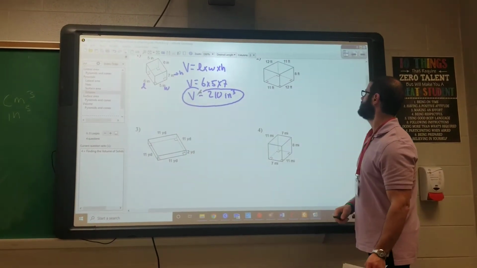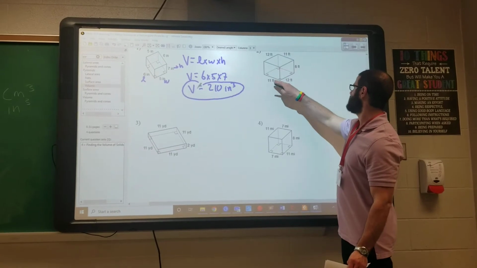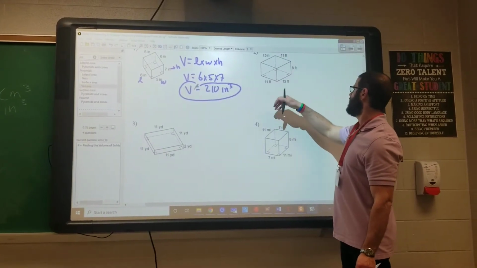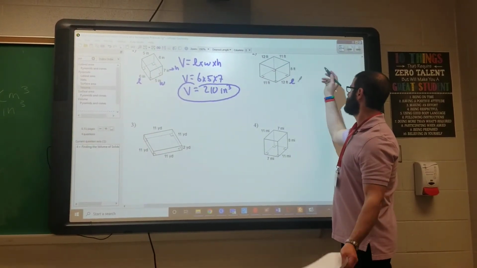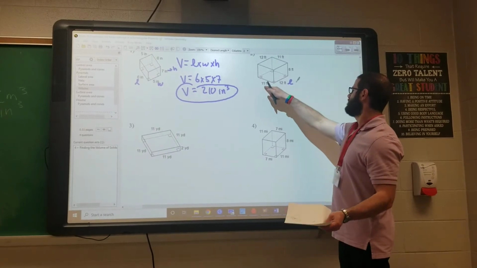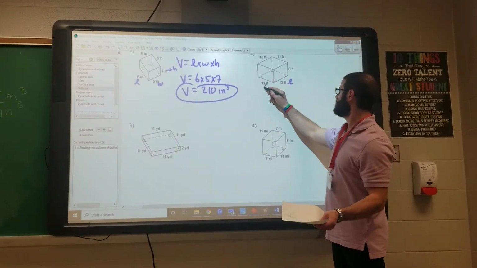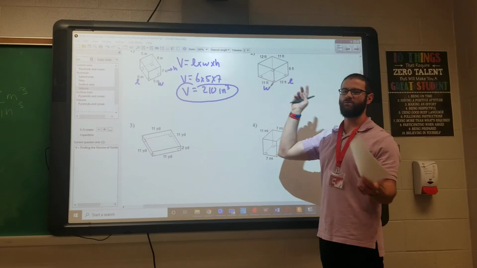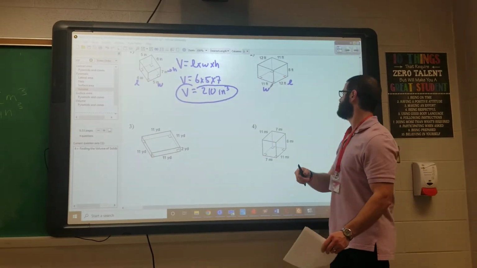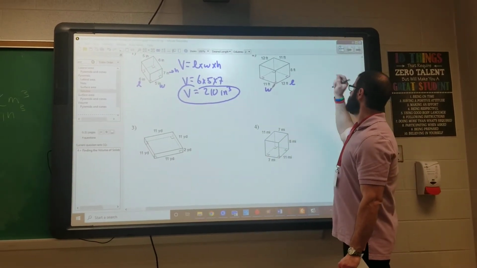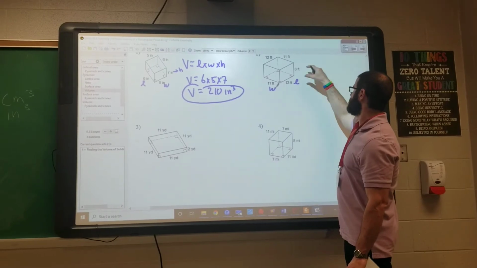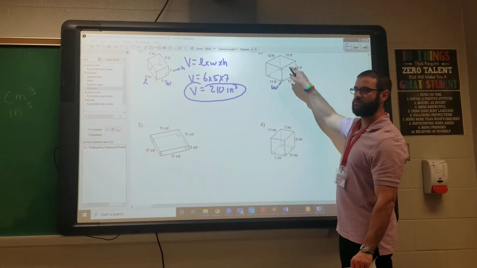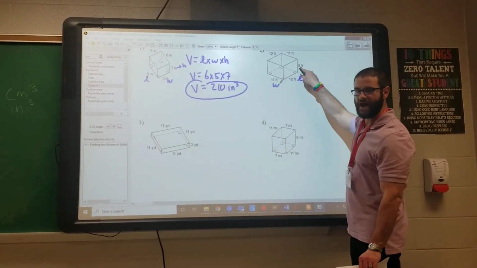Next one. I can see I have my base on the top, base on the bottom. The length of the base, call that the length, would be 12 feet, width would be 11. Again, with the length and width, it really doesn't matter which is length, which is width. But it's important that we identify the height correctly, and that's the distance between the two bases. So the height would be 8 feet.